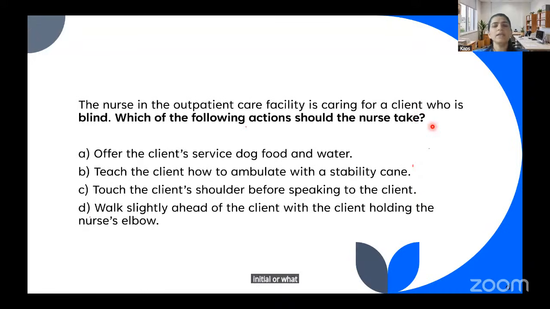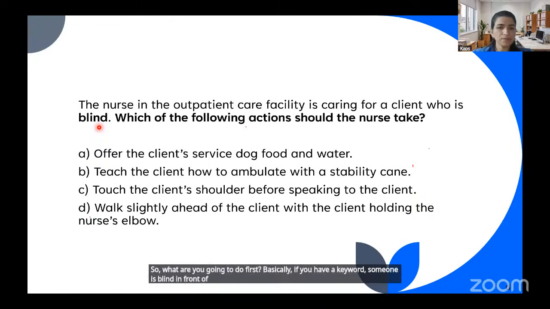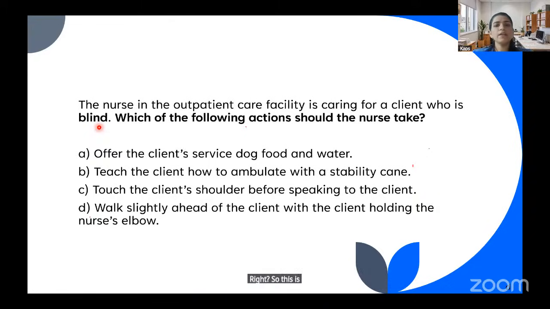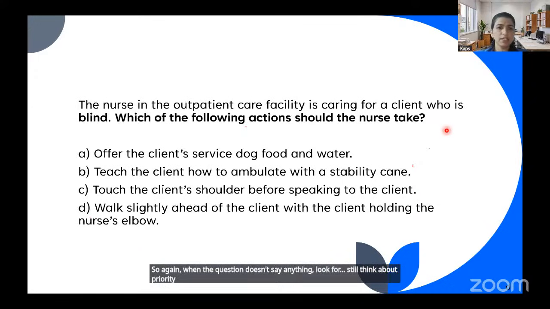In that case, you pick the answer which you think you want to do first based upon the condition, the keyword they give you. So what are you going to do first? Basically, you have a keyword: someone is blind in front of you. This is how I think about the question. So again, when the question doesn't say anything, still think about priority, first, initial, in that case.